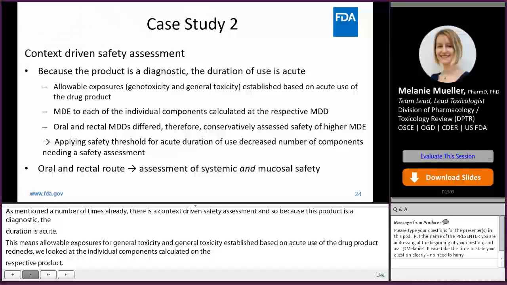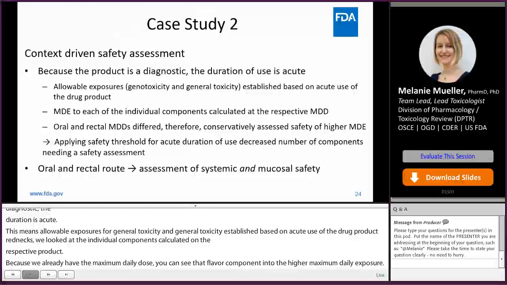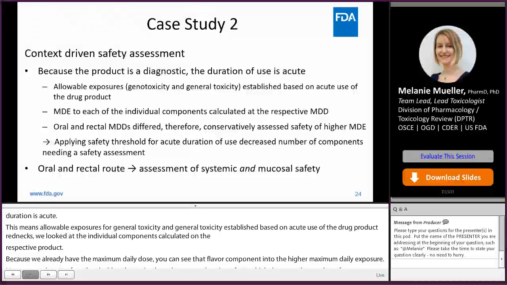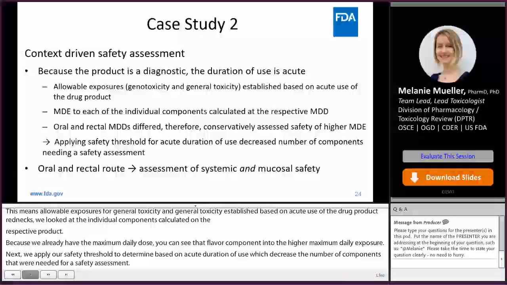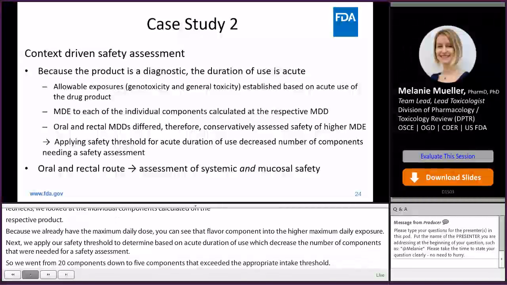Next, we applied our safety threshold determined based on the acute duration of use, which decreased the number of components that needed safety assessment. So we went actually from 20 components down to 5 components that exceeded the appropriate safety threshold. However, keep in mind, as you've seen in the previous slide, the product is indicated for oral and rectal route.